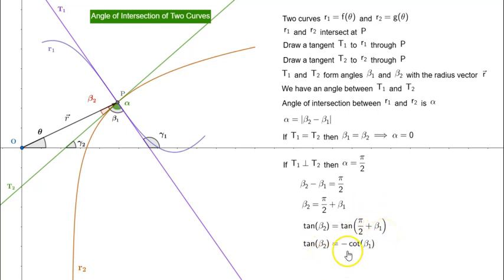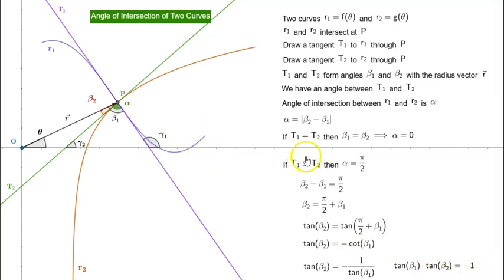Now tan of pi by 2 plus beta 1 is equal to minus cot beta 1, which can be written as a reciprocal of tan. That is minus cot beta 1 is equal to minus 1 by tan beta 1. So tan beta 2 is equal to minus 1 by tan beta 1. So finally we can say tan beta 1 times tan beta 2 is equal to minus 1.